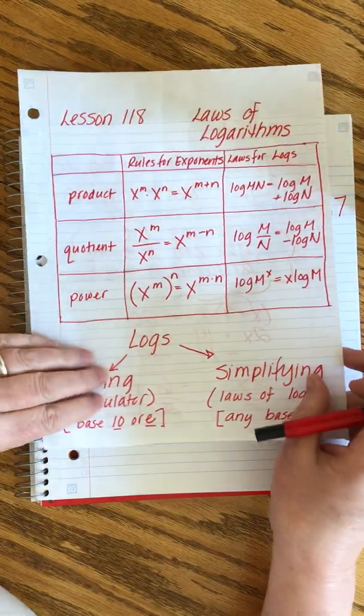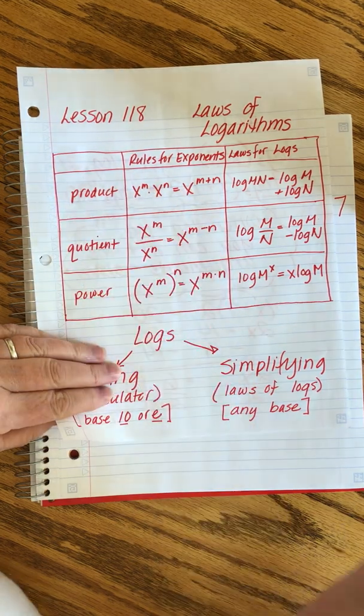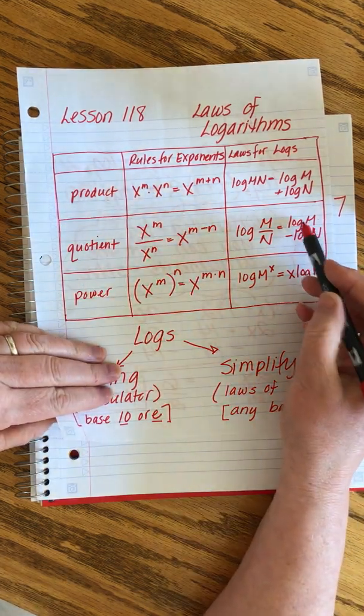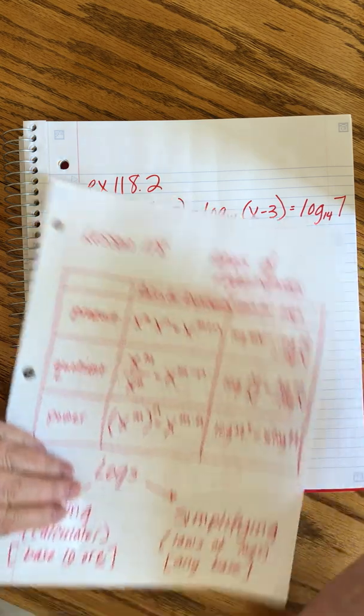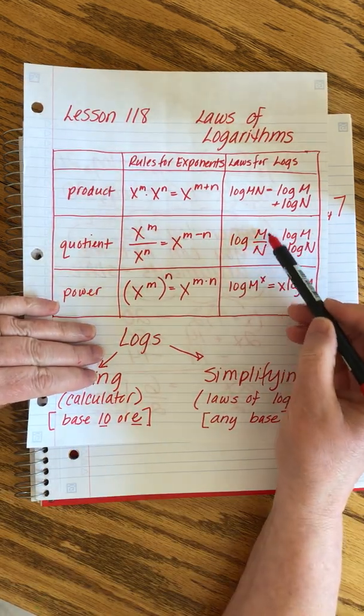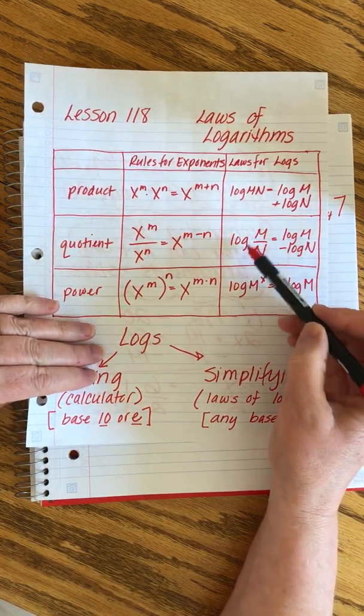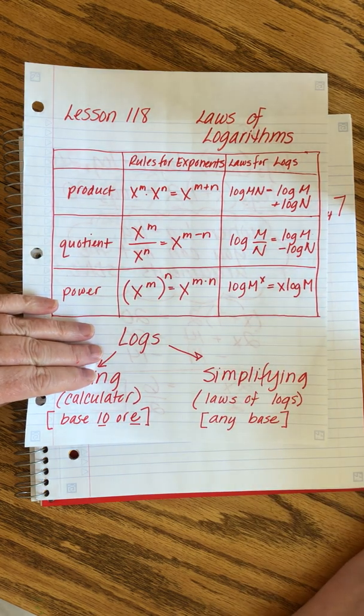So I glance at my beautiful laws of logs, and I go, oh, look, I'm subtracting in this situation, aren't I? Log minus log, that's this. So I can take those arguments and combine them into an argument where there's division.